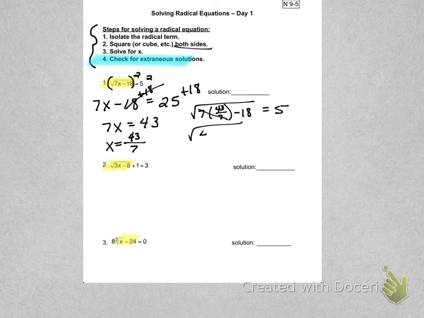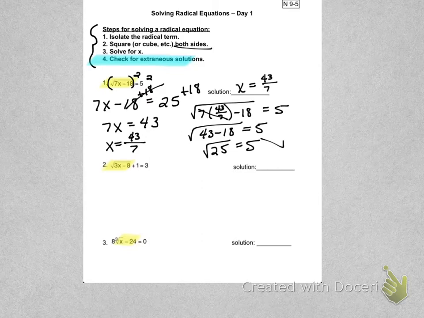So we have the square root of 43 minus 18 equals 5. 43 minus 18 is 25, and the square root of 25 is 5. So that was a good answer. X is equal to 43 sevenths. All right. We're good on that one.